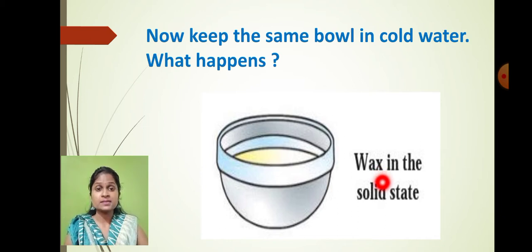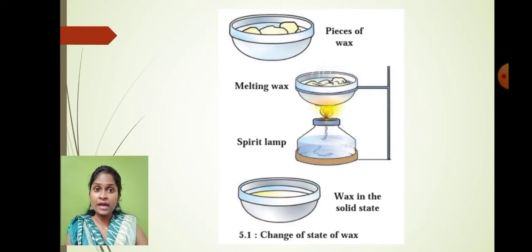That means when liquid is provided with the cold temperature, that liquid gets converted into the solid state. Am I right? So what we have done here so far, we took pieces of the wax. When we heated that, the solid state got converted into the liquid state.